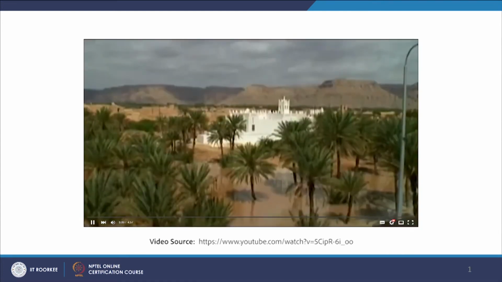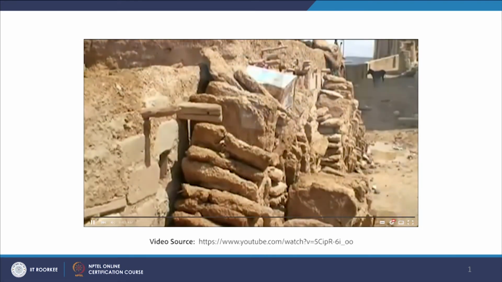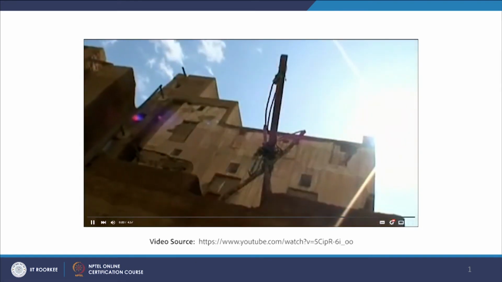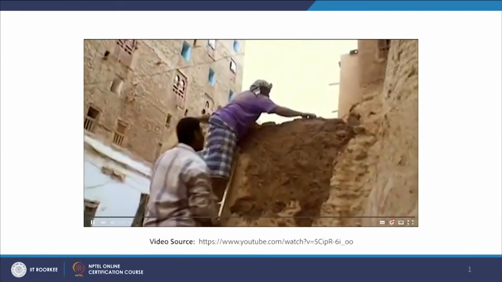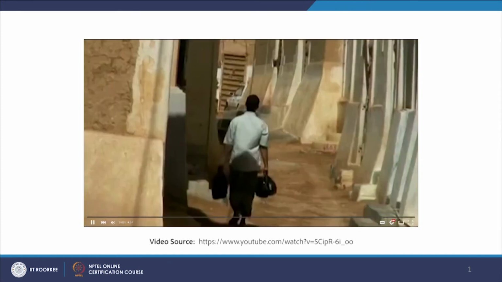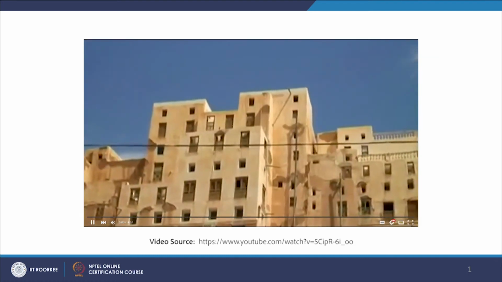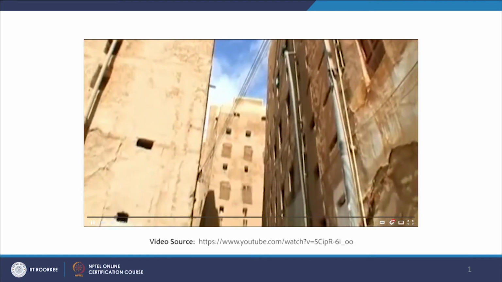But mud is a building material that needs regular maintenance. Even in Yemen's arid environment, mud brick construction can become fragile if left unchecked for long periods. With many of Shibam's inhabitants leaving their homes in search of a more convenient lifestyle, a large number of buildings were suffering the effects of abandonment.